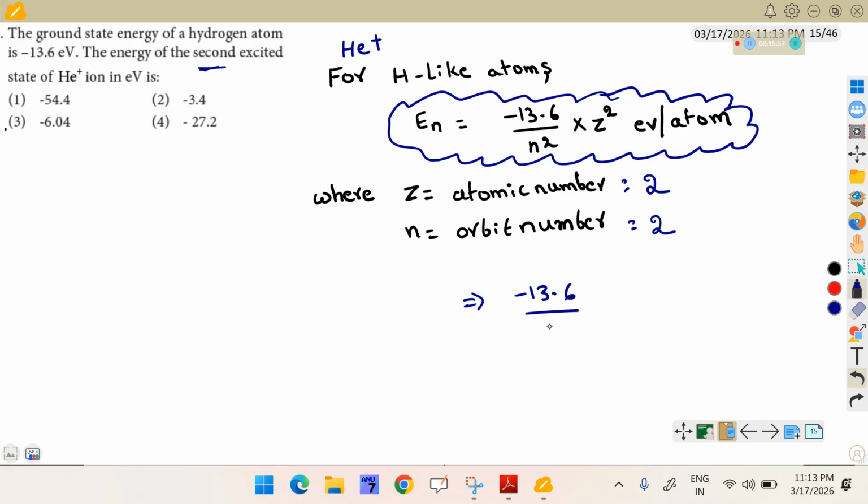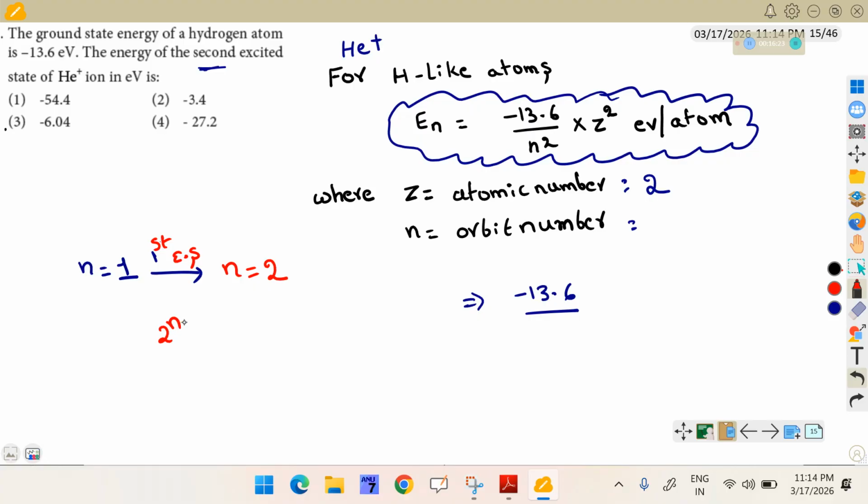n square. n is for the second excited state, not the second orbit. Ground state, n value is equal to 1. First excited state, the value of n is equal to 2.